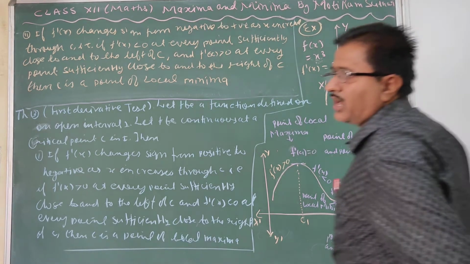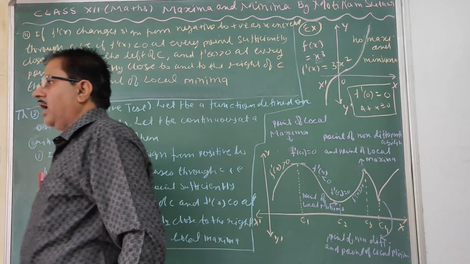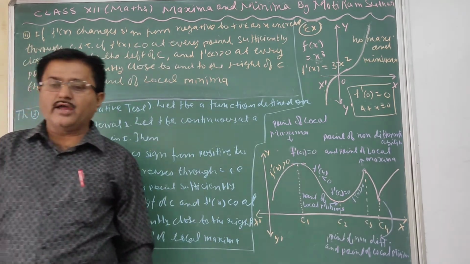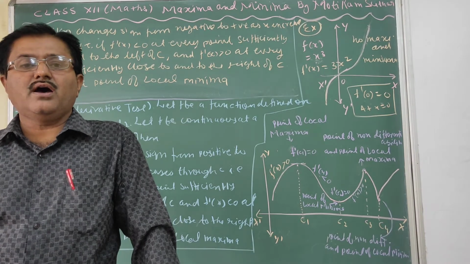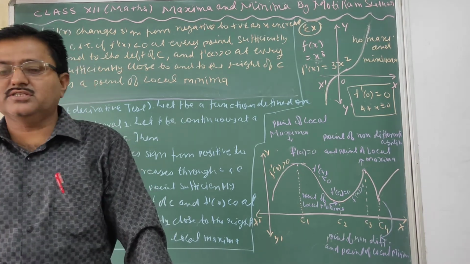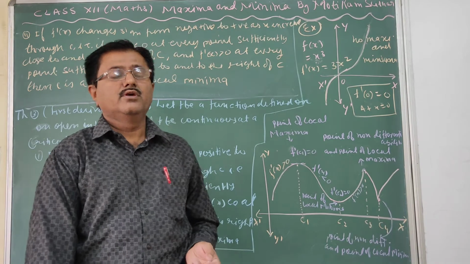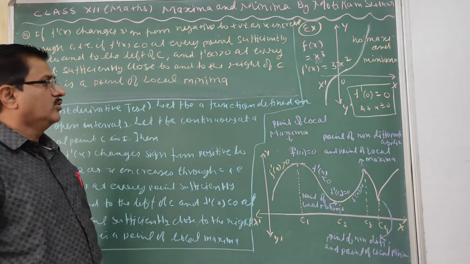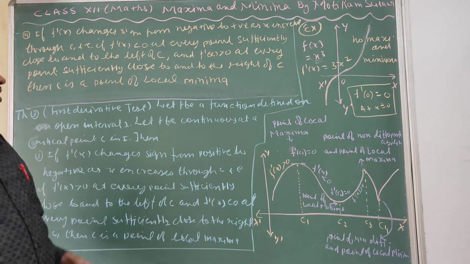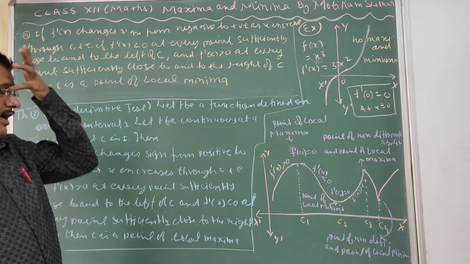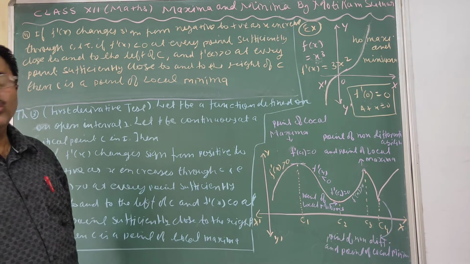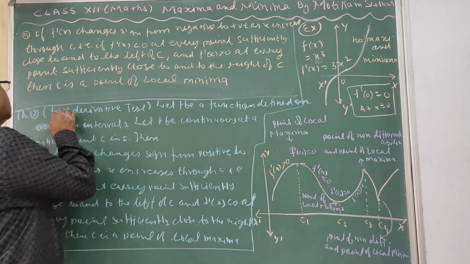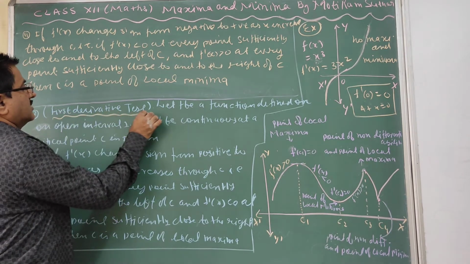So now with the help of the derivative, how can we check whether the given function has a maximum or minimum? This is a very important theorem. With the help of the derivative, we can find out the local maximum value and local minimum value of a function. That is known as the first derivative test.